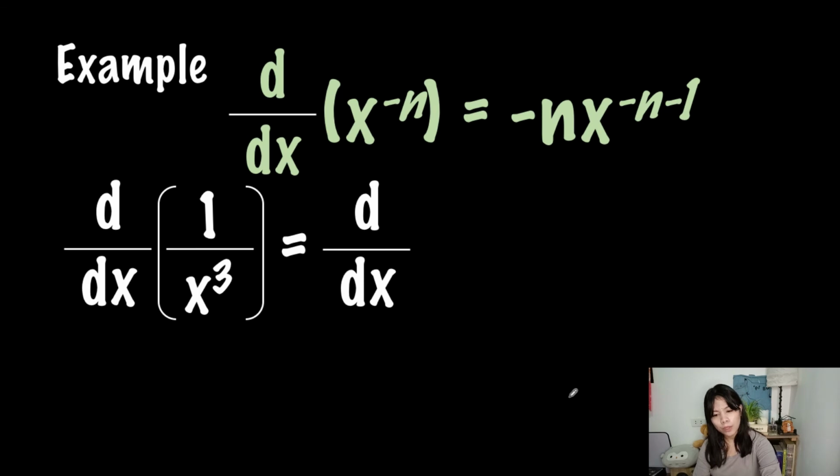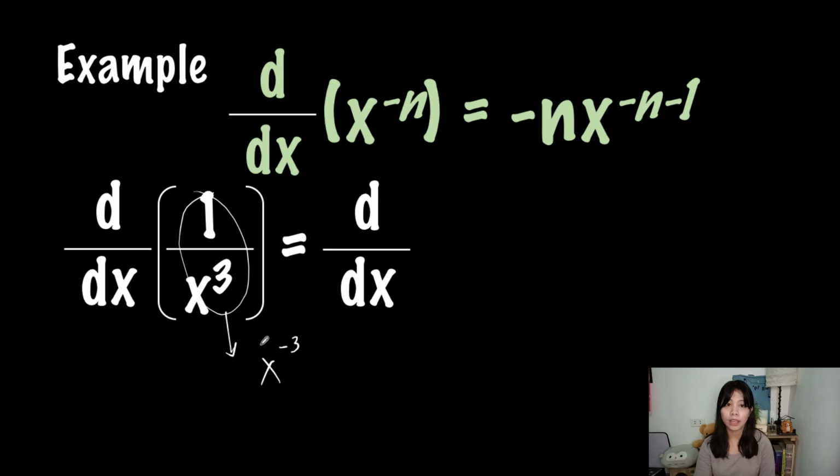Ngayon, ito medyo kakaiba siya. Pero, kung gagamitan natin siya nung laws of exponent natin, bakit may x raised to negative n? Dahil tandaan nyo sa laws of exponent natin, itong 1 over x cube, equal din po siya sa x raised to negative 3. So, this is another way of saying, what is the derivative of x raised to negative 3 with respect to x.